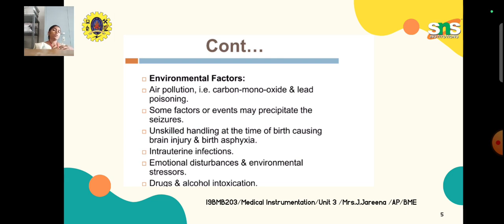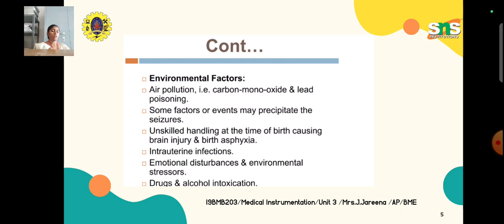Another reason is intrauterine infection and emotional disturbance. People who are mentally disturbed continuously for a prolonged time may also have a seizure disorder at a later stage. Too much consumption of drugs and alcohol also ends up in a seizure disorder.